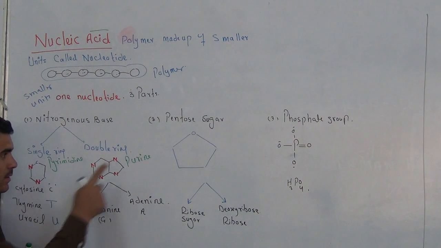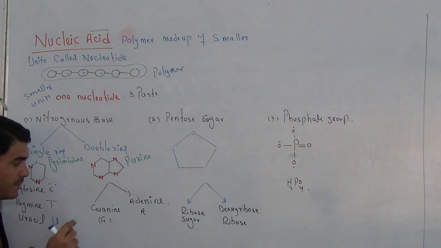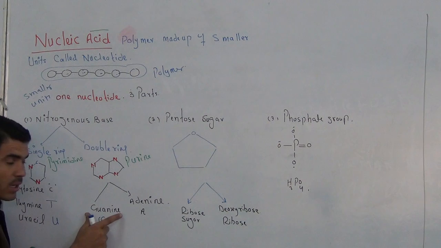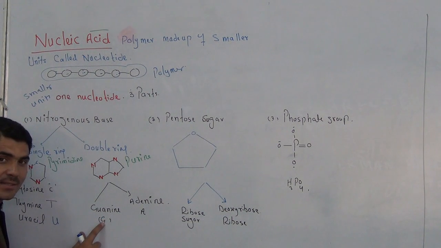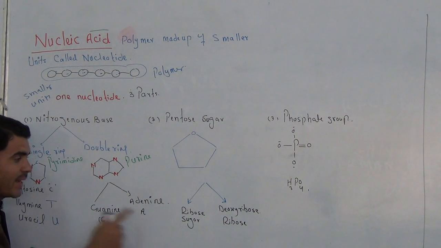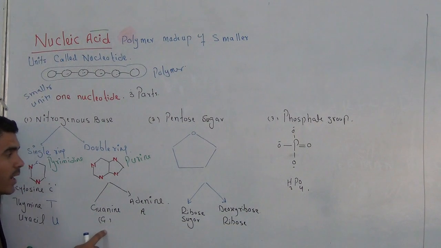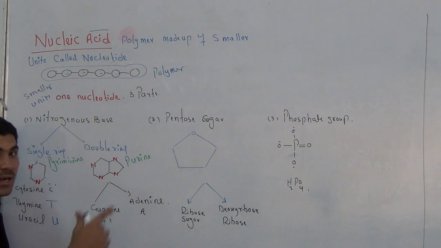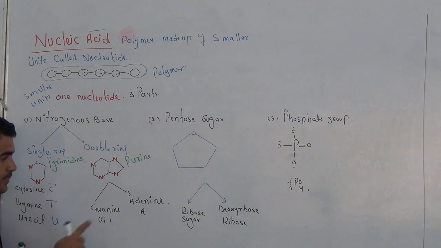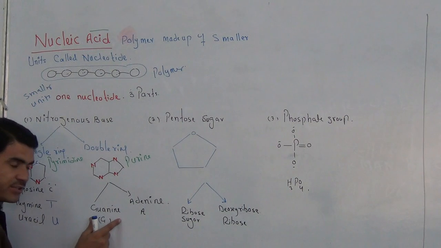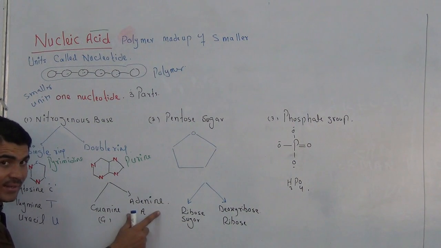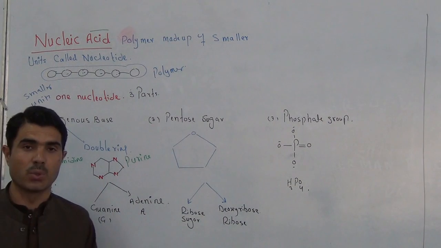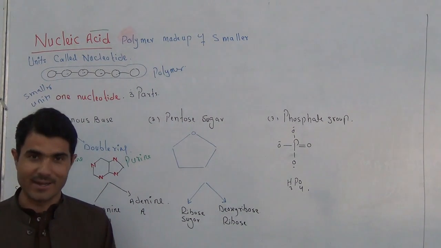And purines are of two types. One is guanine, written as G. Another one is adenine, we write it as A. So guanine and adenine are also nitrogenous bases, and these 2 are collectively called purine. The structure of guanine and adenine will be shown to you with full structure on the right side.